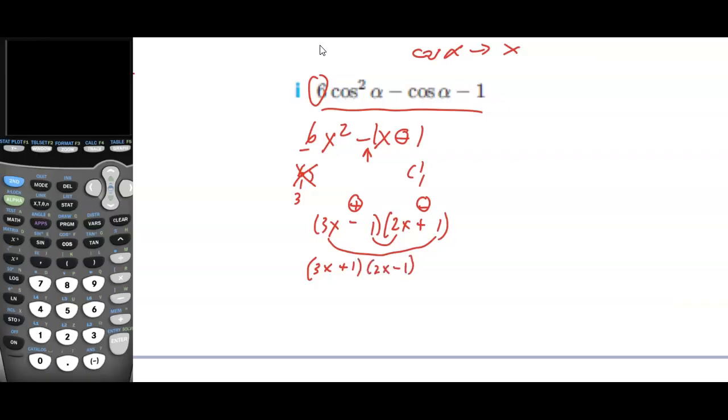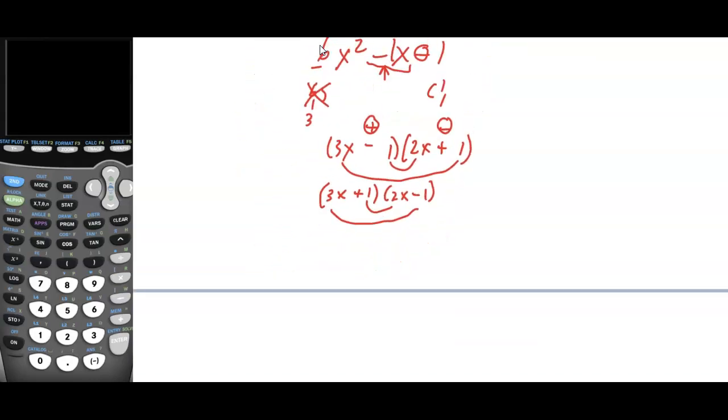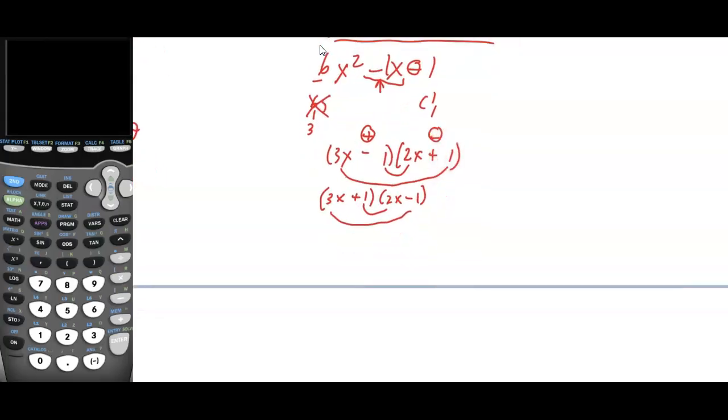Just to make sure everything's okay, let's actually multiply the insides and the outsides. So we'll get 2x minus 3x, and that'll give us negative 1x. So yes, it works. Okay, now that we have the factorization, we can put the cosine back in, right? So we're going to put 3 cosine alpha plus 1 and 2 cosine alpha minus 1.